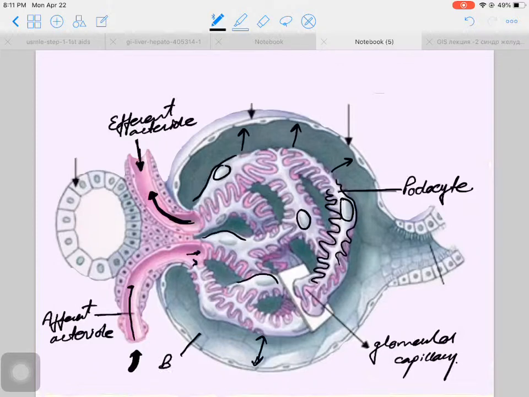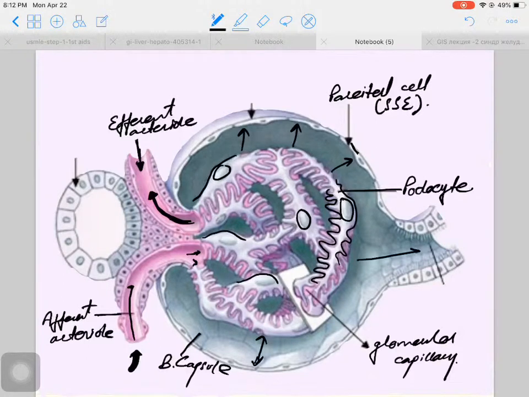So this space is Bowman's capsule or Bowman's space, and this is lined by a parietal cell layer. Parietal cells are also simple squamous epithelial cells, the parietal epithelium.